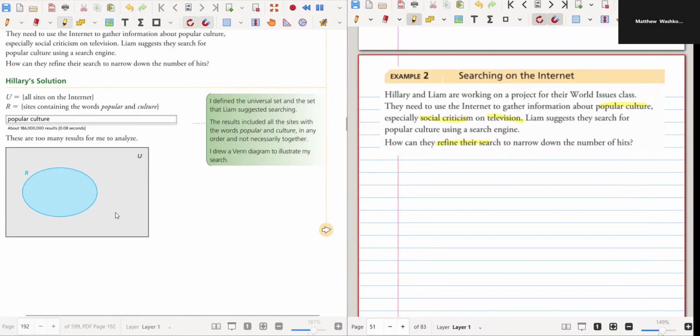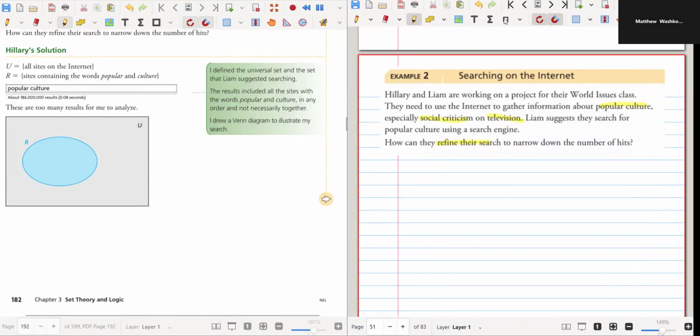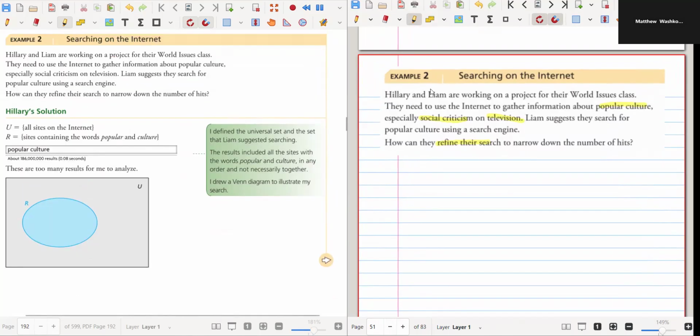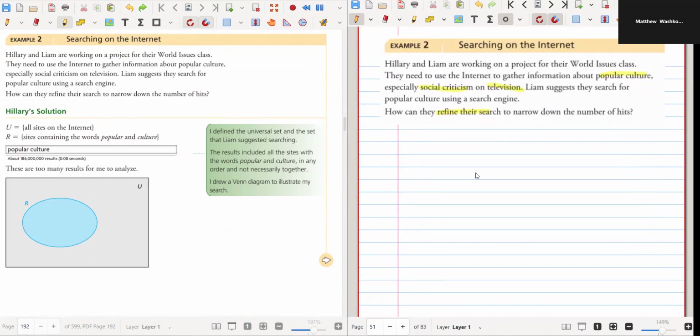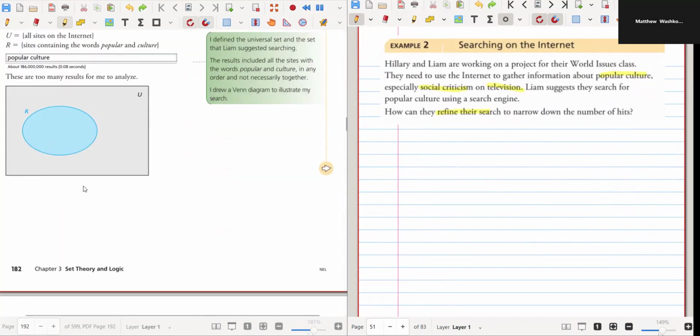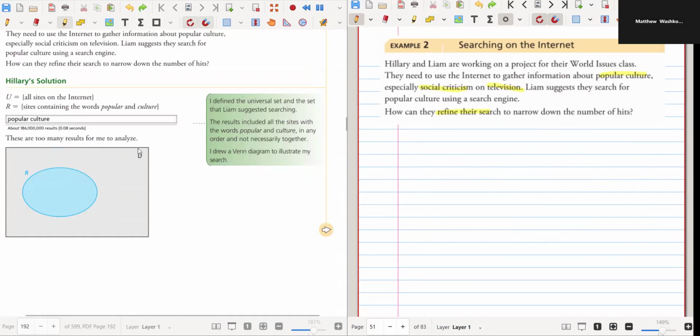Now, I like this question because this is their solution, right? So how can they refine the search? One is by only searching with that, but I like this because they're adding some visuals to it. So if you look at the left side of the screen, too many results, right?